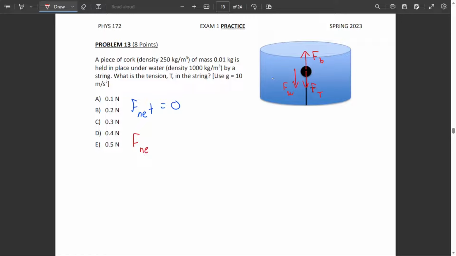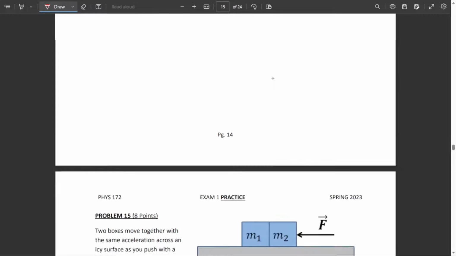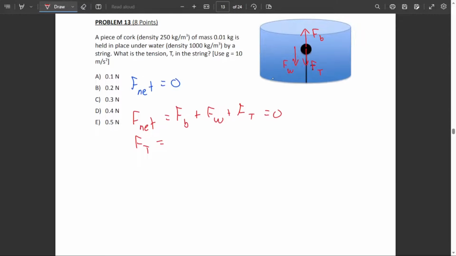So when we add it all in, net force is equal to buoyancy force plus the weight force plus tension force, and all that equals 0. So we get tension force is equal to the negative weight force minus the buoyancy force.